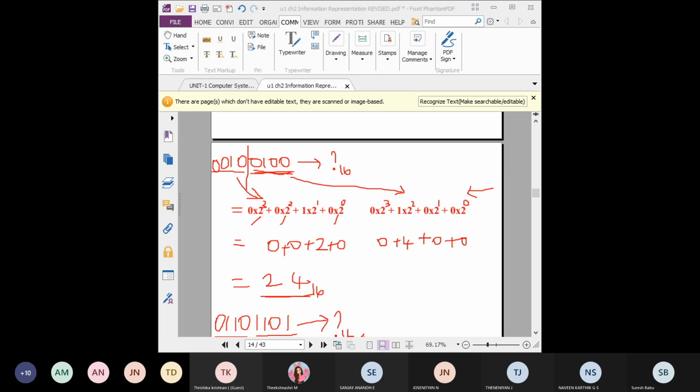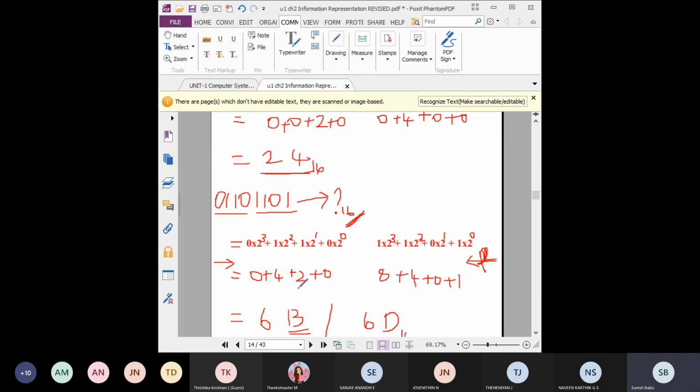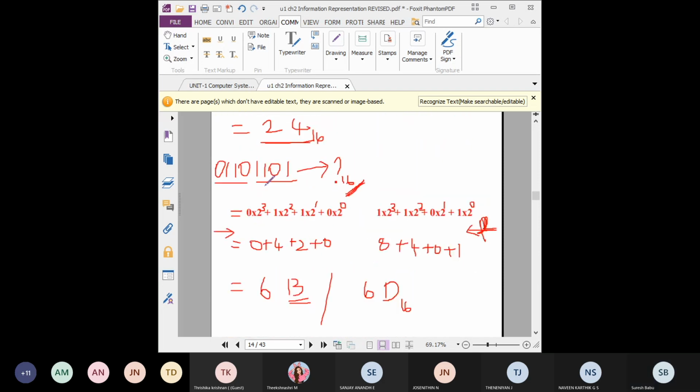Understood by everyone? Any doubts? See one more example. This question gives you the final answer 6 and 13. This is a hexadecimal conversion.